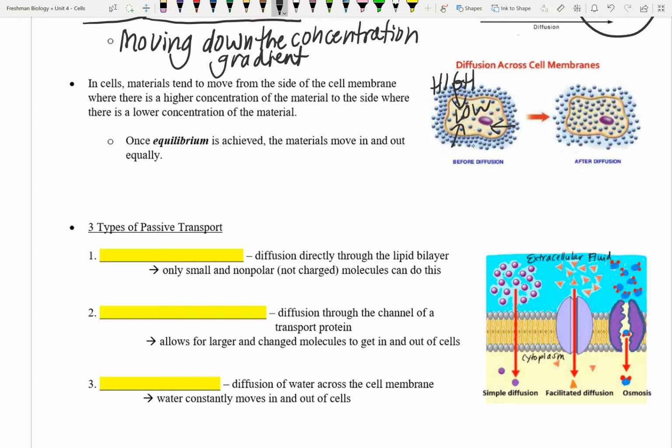Some of it will keep moving out, but overall there's going to be a net movement in until we get an even distribution on both sides. And then at that point, you'd have an equal amount moving in and out. That is what we call reaching a state of equilibrium, where once there's an even concentration on both sides of the barrier, in this case the cell membrane, an equal amount moves in each direction.